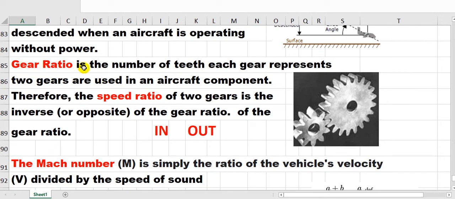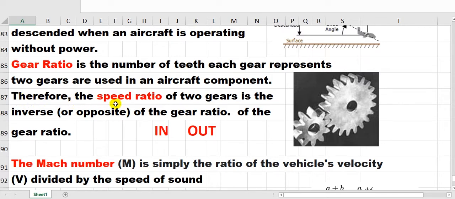Gear ratio, in mechanics or any machine or any transmission of motion, is the number of teeth. Each gear represents... 2 gears are used in an aircraft or any vehicle, cars, cycle, tricycle.